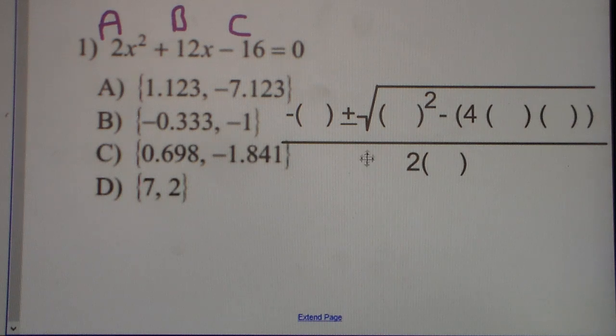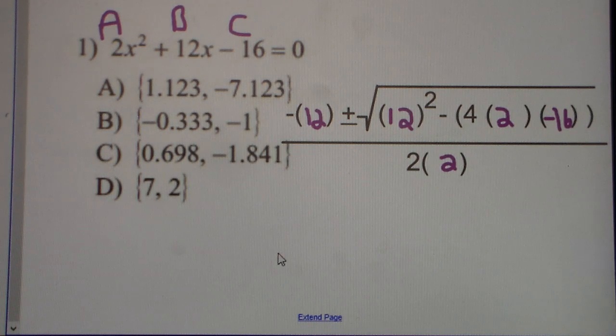And wherever it says c, I put c in. So minus b, so our b is positive 12, so I'm going to put a positive 12 right in there. Then this is b squared, so I put a 12 in there. Minus 4a, which is there. C, which is negative 16. All over 2a, which is 2 times 2.